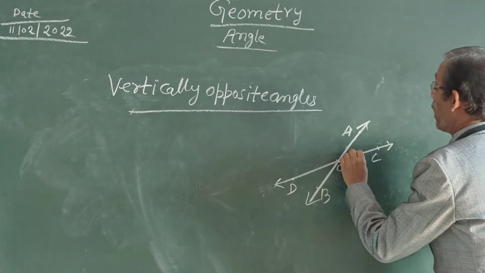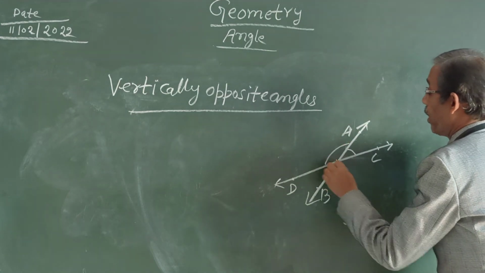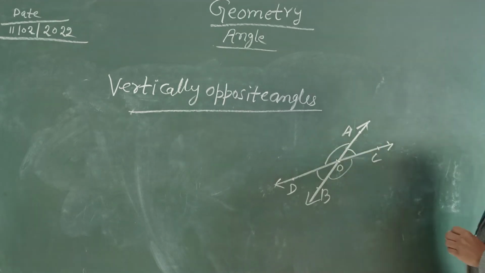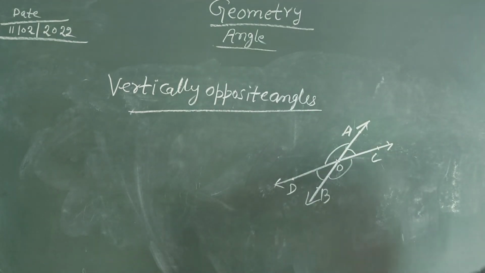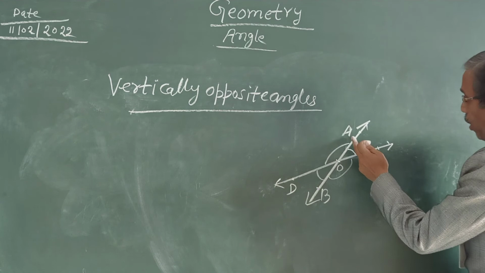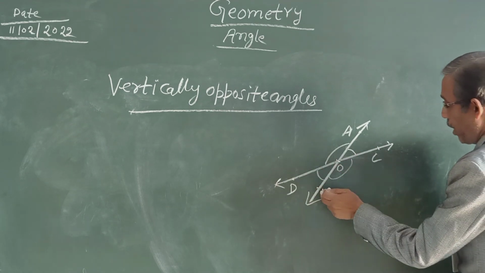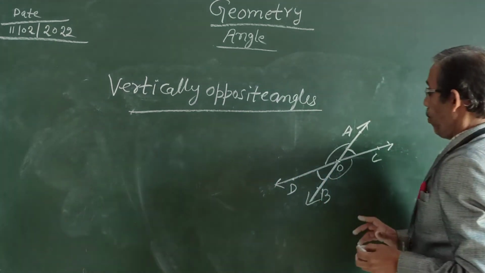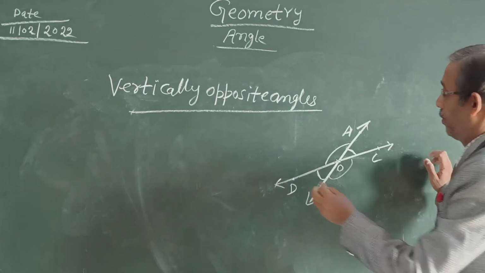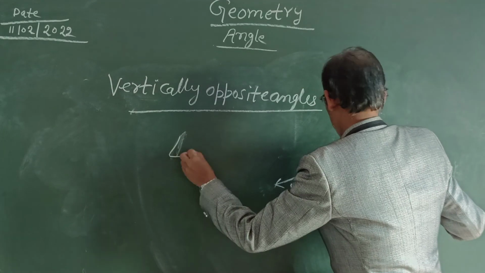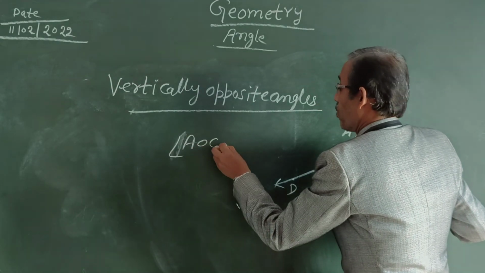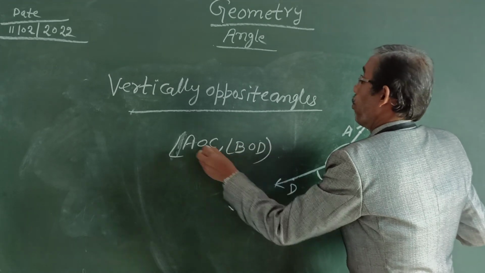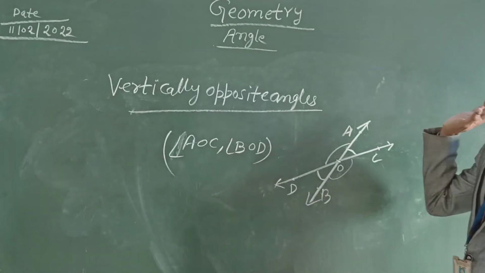Four angles: angle AOC, angle AOD, angle BOD, angle BOC. In which angle AOC and angle BOD are pair of vertically opposite angles.